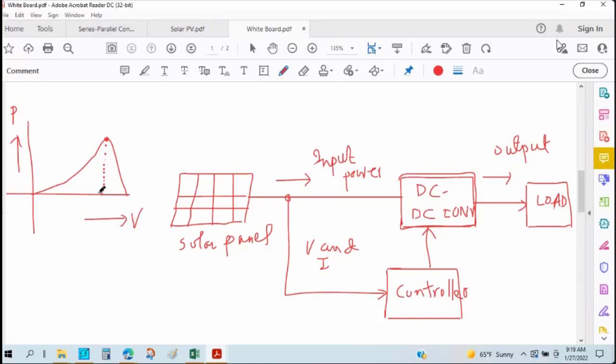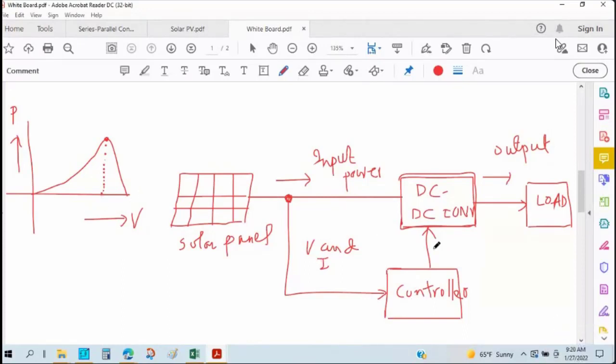So we don't know exactly at which operating voltage we will get maximum power. So we will try to vary the voltage, and we will measure the power, because we are sensing the voltage and current. This is the voltage and current information we are measuring with the help of a voltage sensor and a current sensor. We will measure how much power and voltage we can get from the solar panel, and we will change the voltage level.